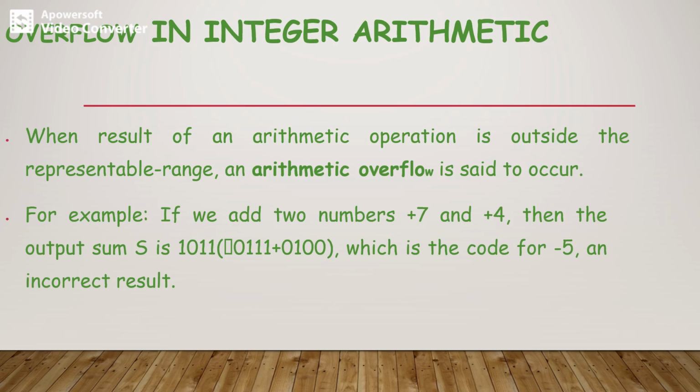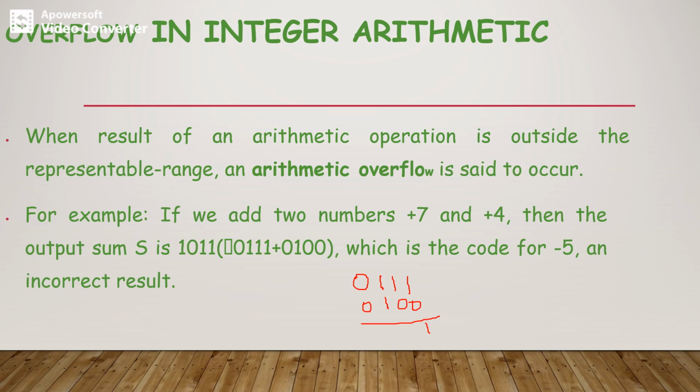Overflow in integer arithmetic. When the result of an arithmetic operation is outside the representable range, arithmetic overflow is said to occur. For example, if you add two numbers plus 7 and plus 4, I can consider plus 7, that is 0, 1, 1, 1, and plus 4 is nothing but 0, 1, 0, 0.